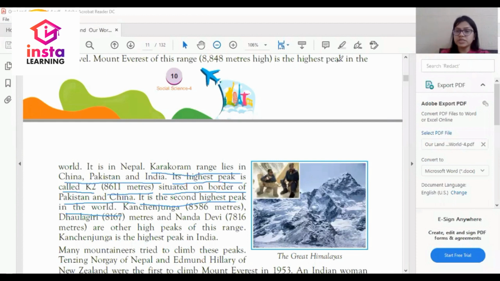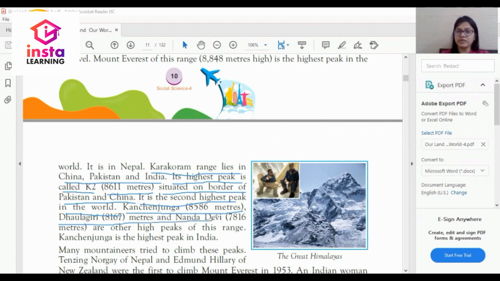The next one is Kanchenjunga, which is 8,586 meters. The height of Kanchenjunga is 8,586 meters. Dhaulagiri is 8,167 meters.